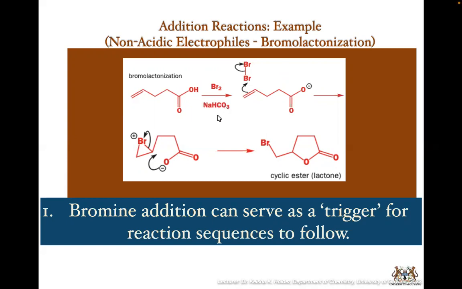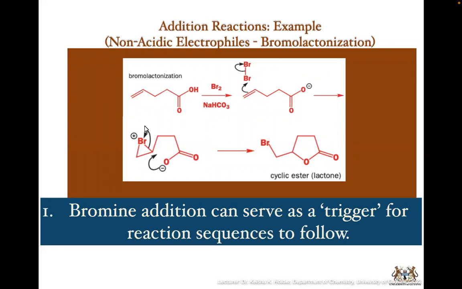And then we have a sodium bicarbonate base, which we know is baking soda. This base comes in and is able to remove the hydrogen from our carboxylic acid. Once it does that, it makes our carboxylic acid into a carboxylate, which would then strengthen its nucleophilicity.